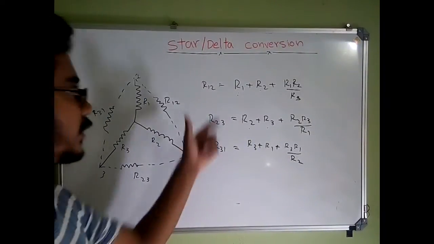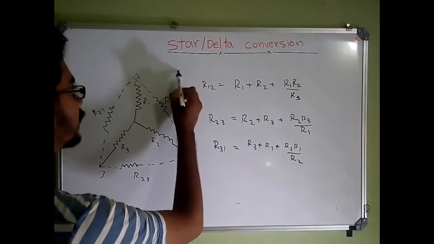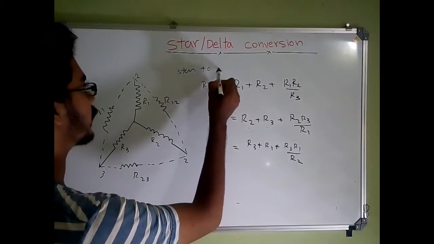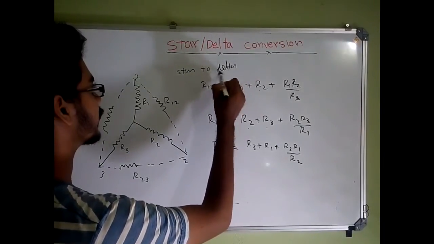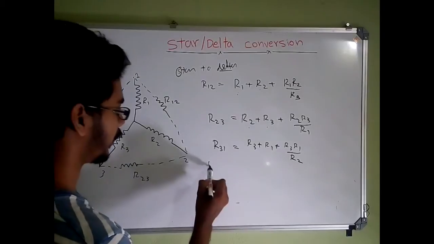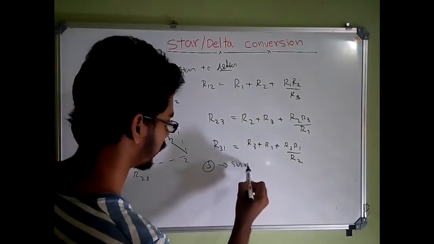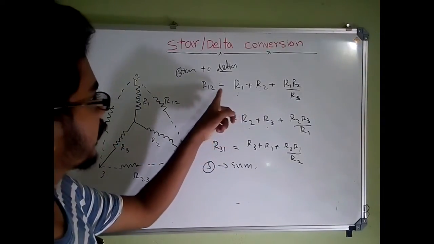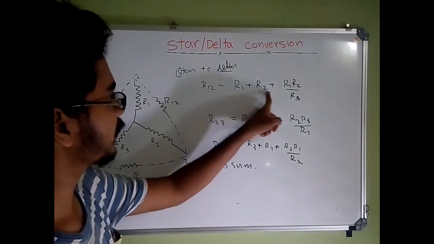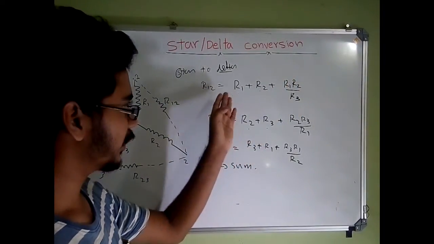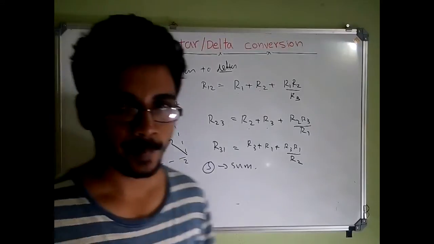So this way we can easily remember. Now here this is star to delta, so the first letter is nothing but S. S means sum. So the equation for star to delta conversion is expressed as a sum. So we can easily remember this formula.